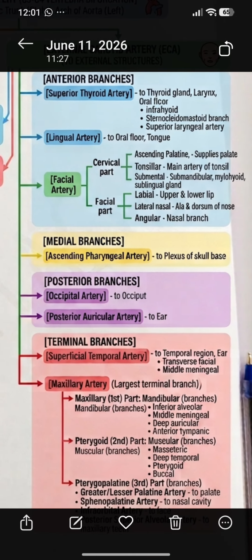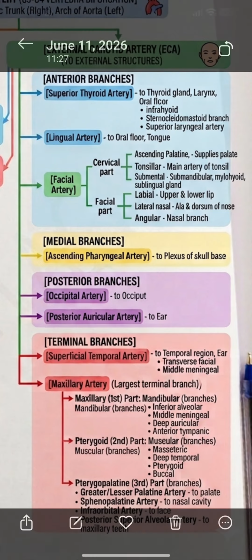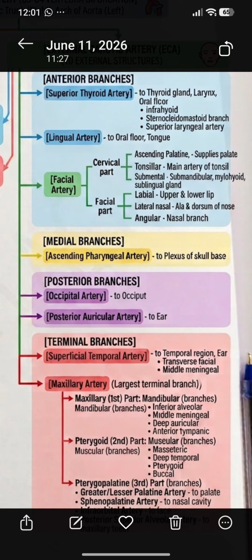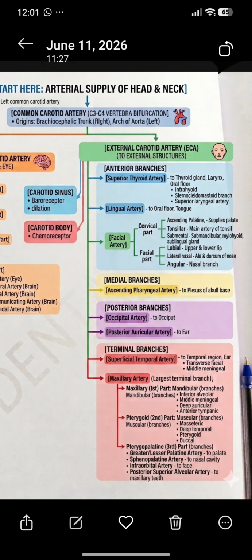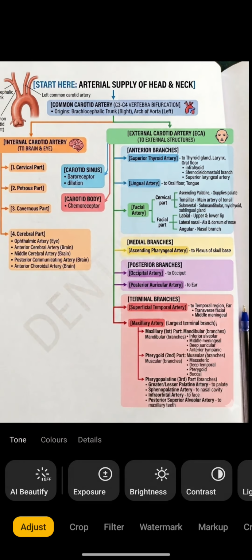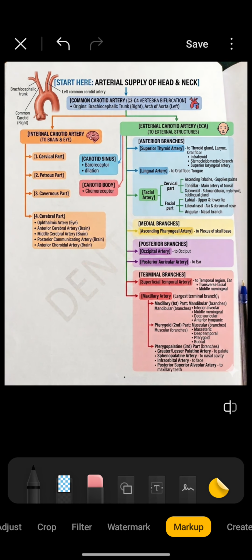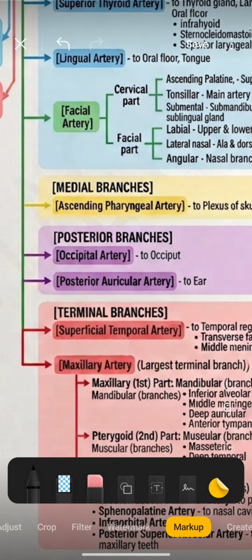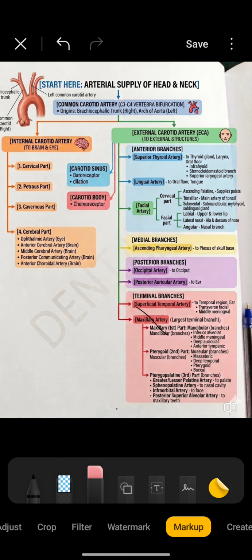Then the terminal branch is the superficial temporal artery. The superficial temporal artery supplies the temporal region and ear. It has two branches which supply the temple and scalp. First is the transverse facial artery, a branch of the superficial temporal artery.